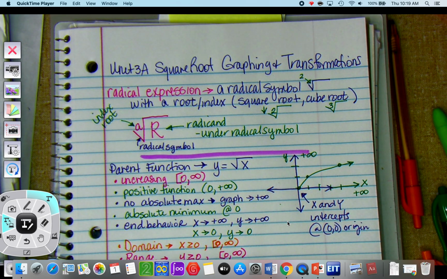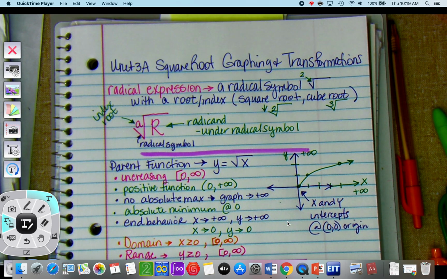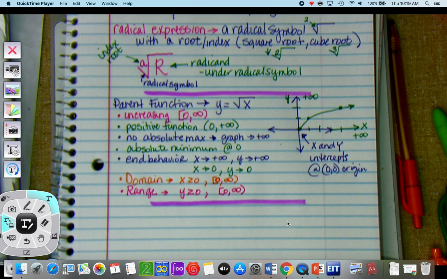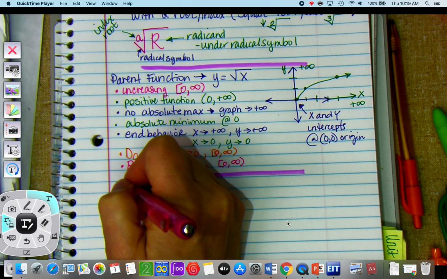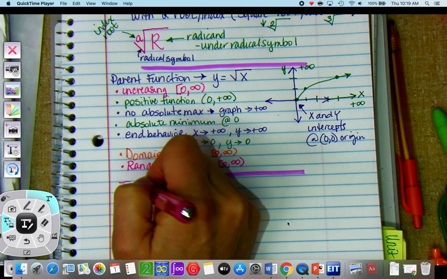All right, now let's talk about some transformations for our radical functions. All right, we saw transformations in quadratic functions, and they're similar. All right, so transformations.